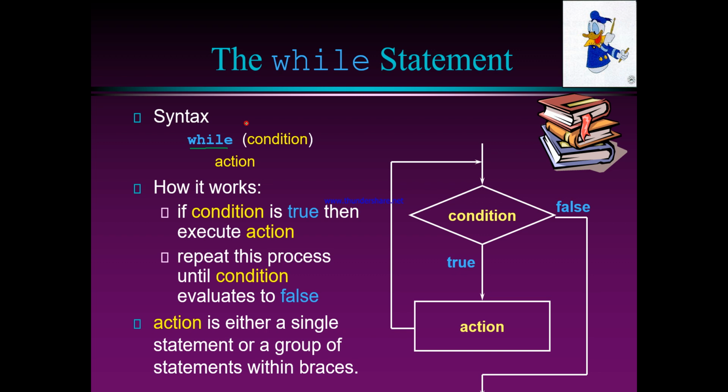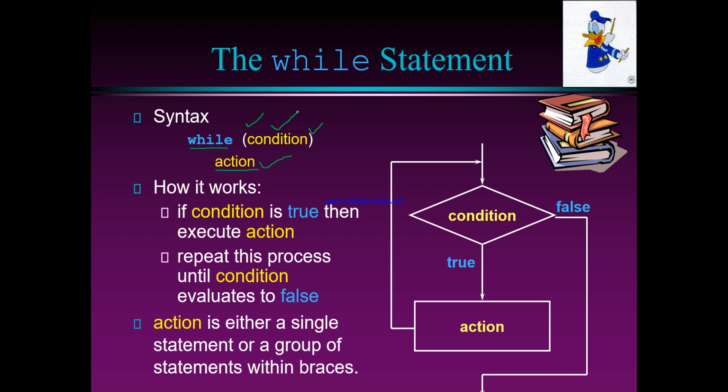Then you must specify the parentheses, the opening and closing parentheses, and then some action. Here in the action you will use C++ statements. In between the parentheses we must write some condition that may result in true or false.